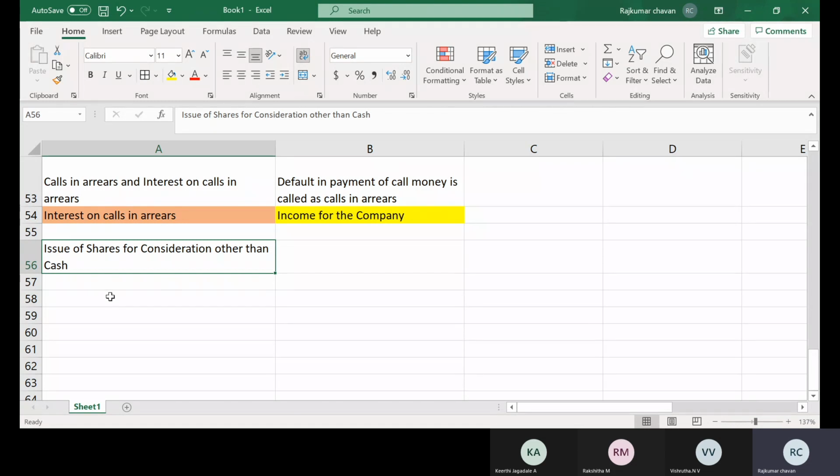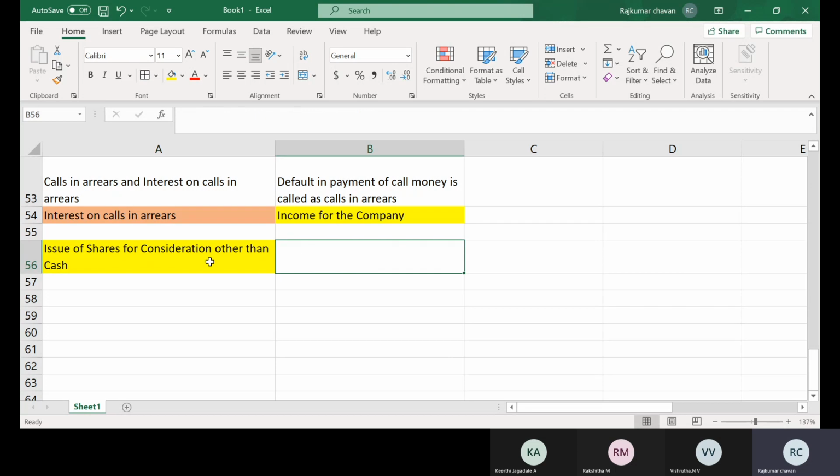So, issue of shares for consideration other than cash. You know shares can be issued in cash or other than cash. What is the meaning of this particular sentence? You try to understand. Case 1.